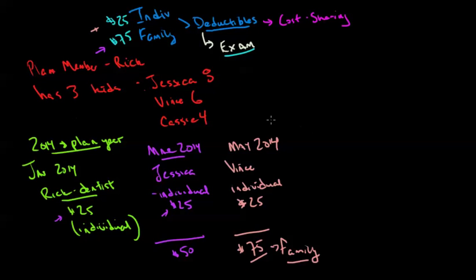So now, later in that same year, we'll say in September of 2014, now Cassie is also at the dentist. And Cassie, even though she's an individual, she will have no deductible, and the reason for that is because we've used up all of our family deductible.